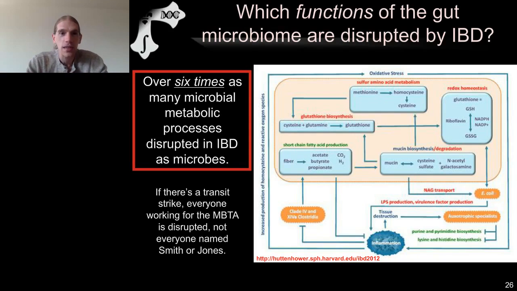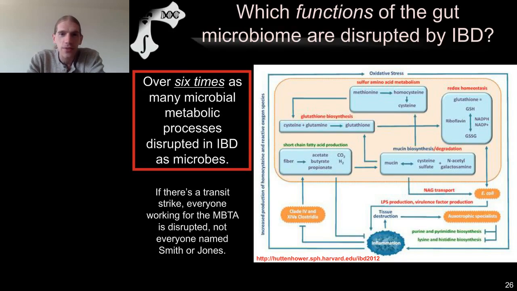Just like what is maintained in the gut and other microbial communities during health is not specific organisms, but a distribution of necessary functions, what's disrupted in IBD is not necessarily specific bugs, but a set of microbial processes that become dysbiotic. In this case, proportionally over 6 times as many as specific organisms.